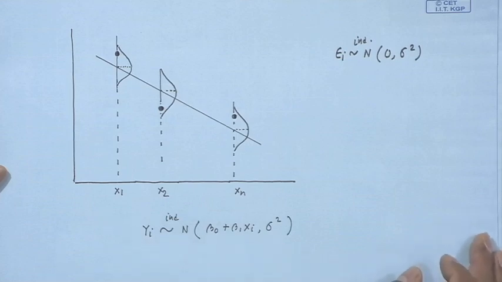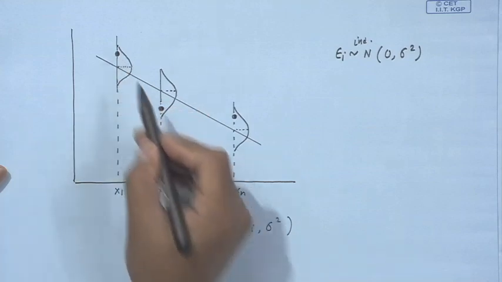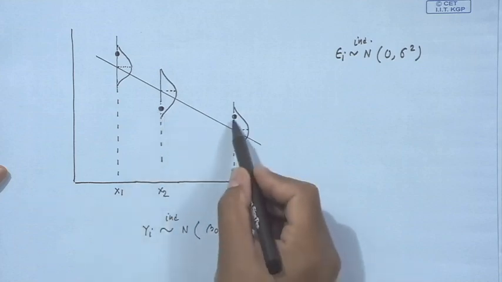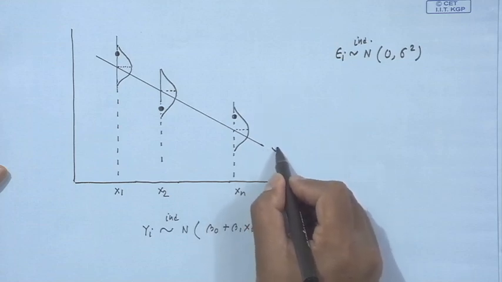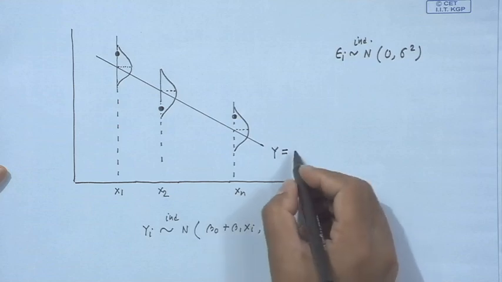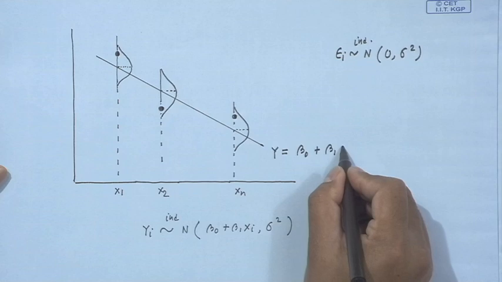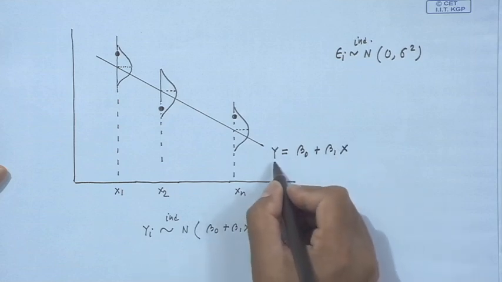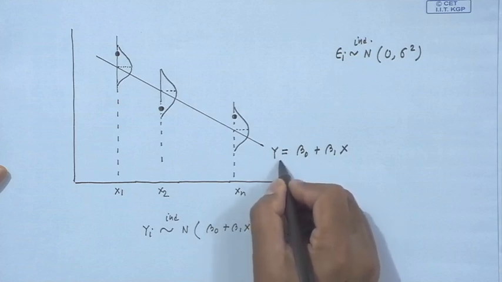So, this is my x1 y1 data, this is x2 y2, this is xn yn, and this line is y equal to beta naught plus beta 1 x.